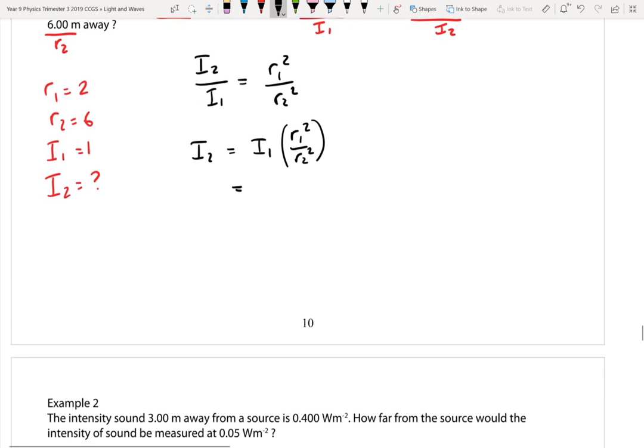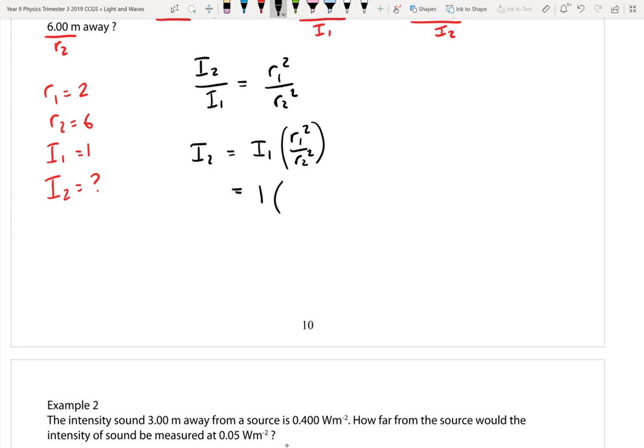And then throw the values in. So that's 4 on 36, which you will notice as 1/9, and then 1.111, I think, 0.111 watts per square meter.